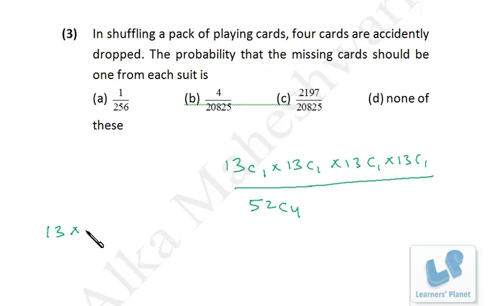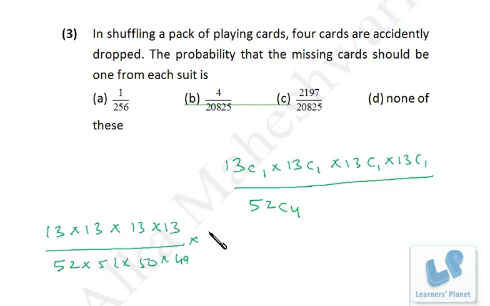It's 13 into 13 into 13 into 13 by 52 into 51 into 50 into 49 into 4 factorial, right? So just simplify it.